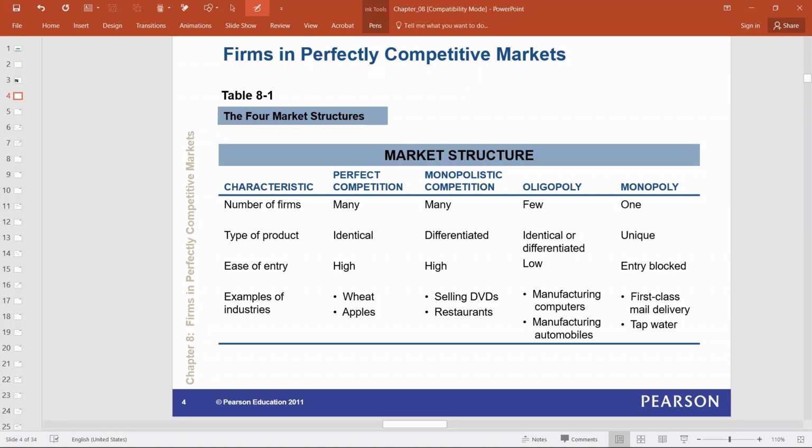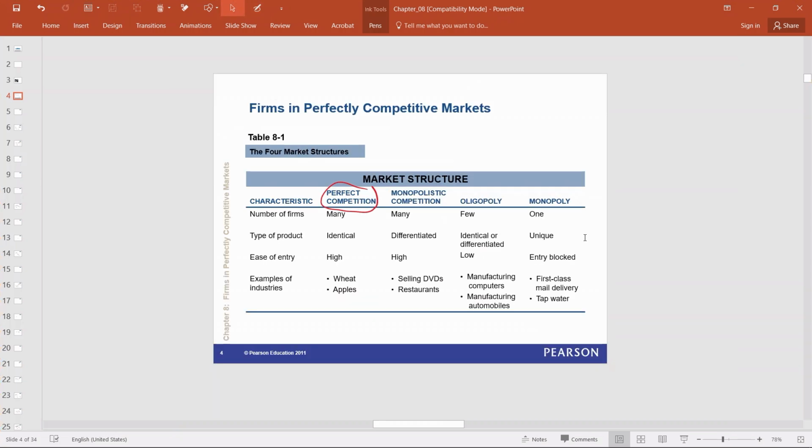And the one that we are focusing on in this chapter is the perfectly competitive market, which is also called perfect competition. And when we look at markets, we usually look at these characteristics which define the type of market that we are looking at or we are dealing with.